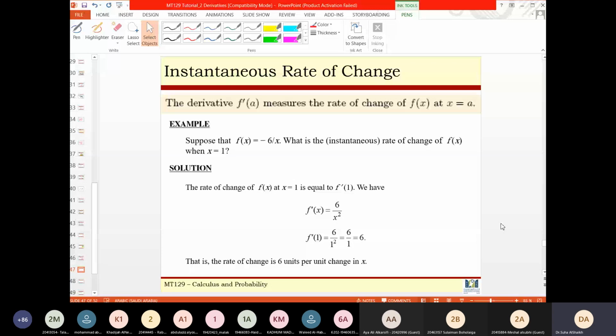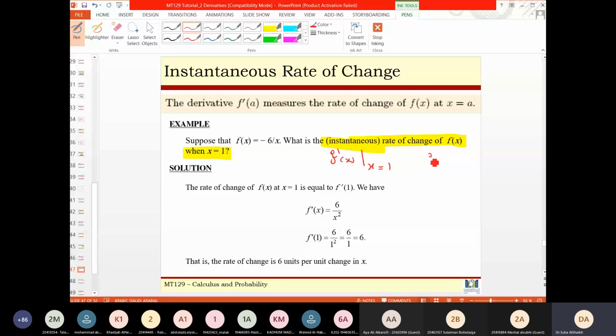Find me the instantaneous rate of change when x equals 1. It means the same: find me f dash of x when x equals 1. This is also one of the things where students may not understand the question and not know what to do. You have to know that instantaneous rate of change and rate of change all mean the same thing: derivative at the point.